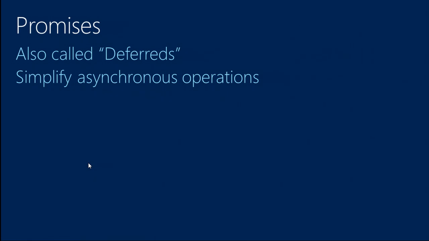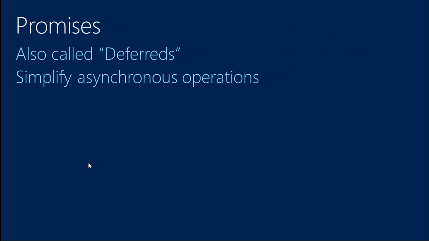Now, this becomes a very important pattern in JavaScript because a lot of the stuff we're doing in our apps are asynchronous calls, right? Even if you haven't written your first app, you already kind of know this.